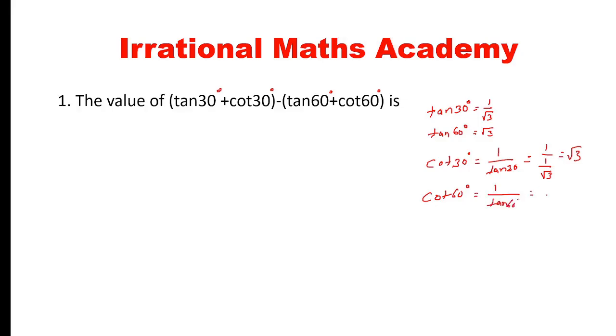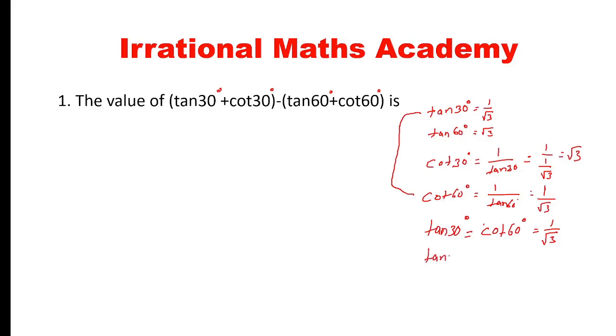So 1 by tan 60 value is what? Root 3. If you observe, tan 30 and cot 60 values are the same, both the values are 1 by root 3.